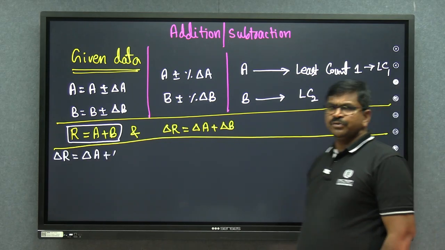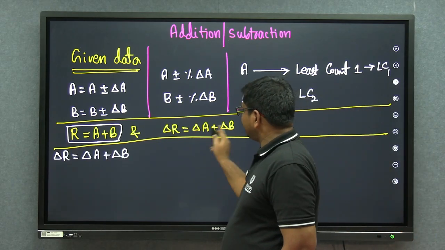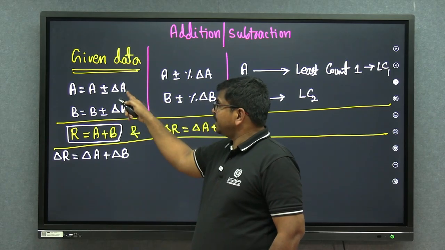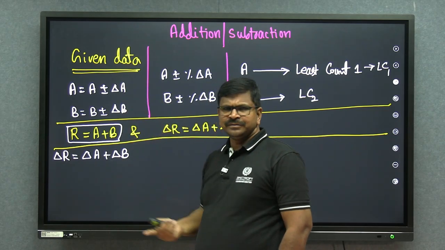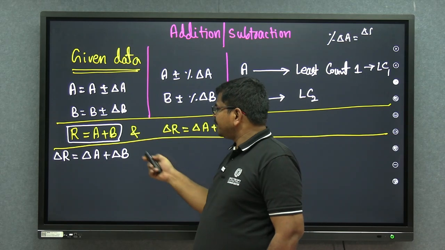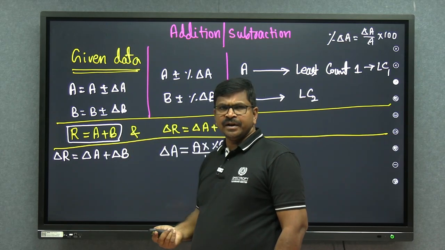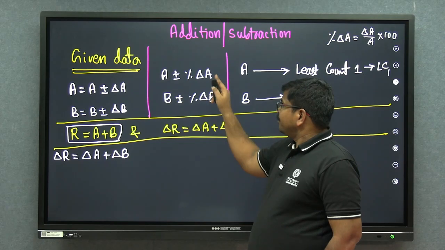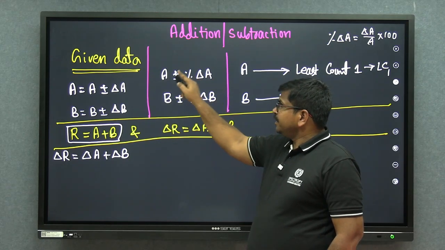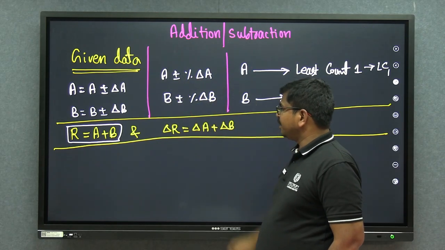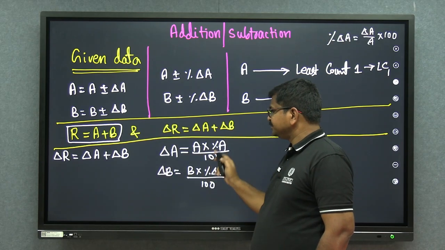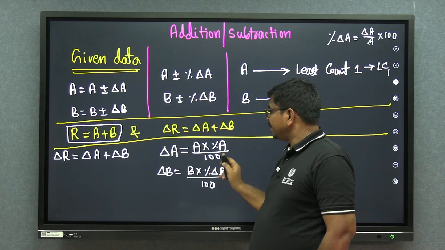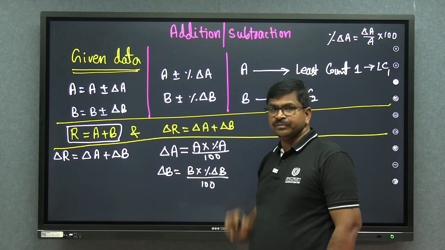The final conclusion: we know that delta R equals delta A plus delta B. In the first case, the given data is delta A and delta B, directly added, and the main operation is A plus B, directly added. In the case of percentage errors, how to handle it? Percentage delta A times A divided by 100, the original true value divided by 100, will give you the delta A and delta B values.